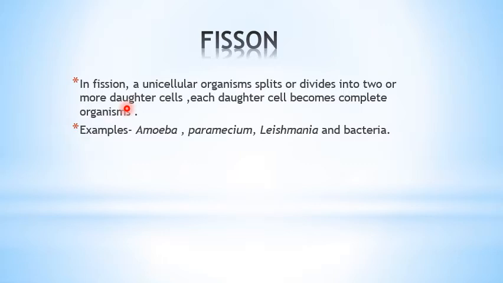That mode of asexual reproduction is fission. Depending upon the division, if two daughter cells are formed, then it is called binary fission, and if more than two daughter cells are formed, then it is known as multiple fission. Examples of fission are amoeba, paramecium, leishmania and bacteria.